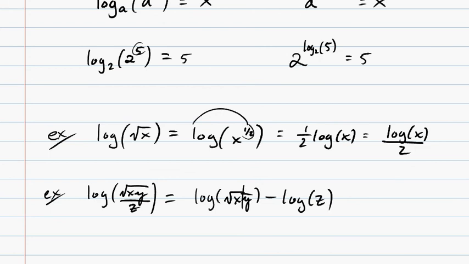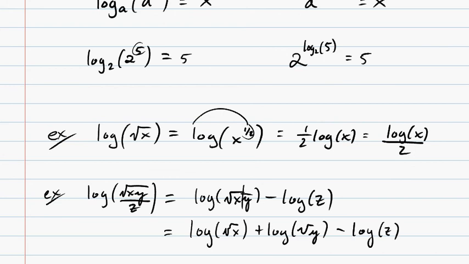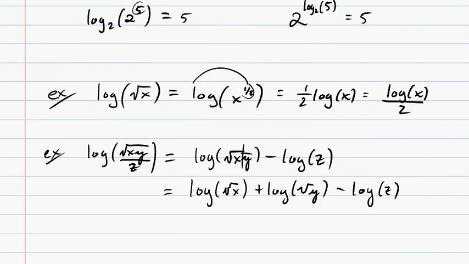And then I'm going to split this, because I could break this apart. It would be log square root of x plus log square root of y minus log of z. And now, thinking of this as x to the 1/2, I could finally write 1/2 log of x plus 1/2 log of y minus log of z.